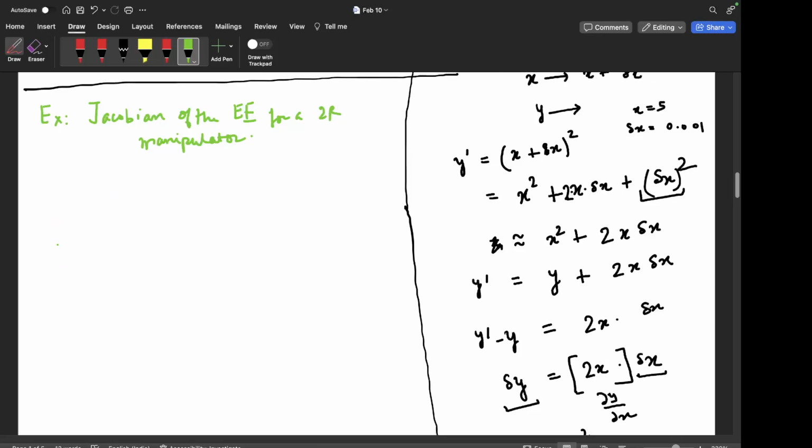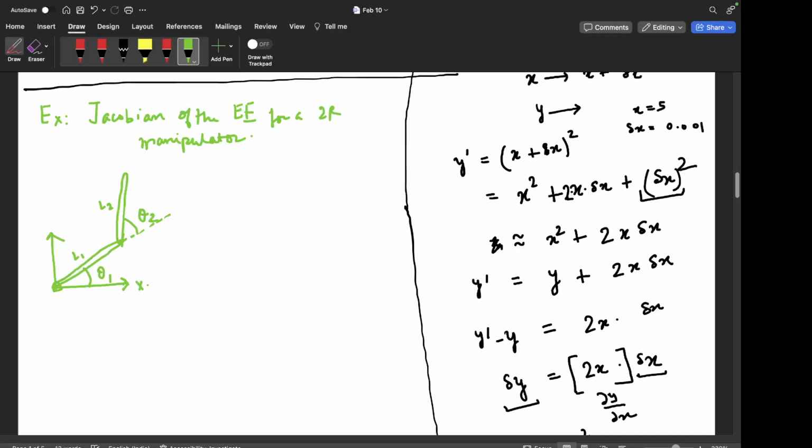Okay, so let's draw our usual 2R manipulator. Now you'll be quite comfortable with these symbols and notations because they are repeating from the first week itself. So L1 and L2 are the link lengths, theta 1 and theta 2 are the joint angles.